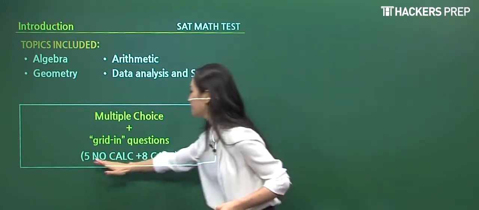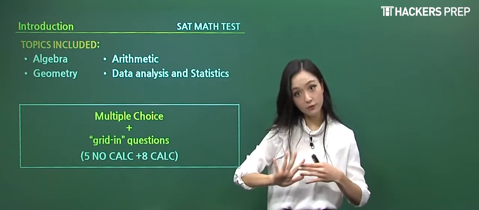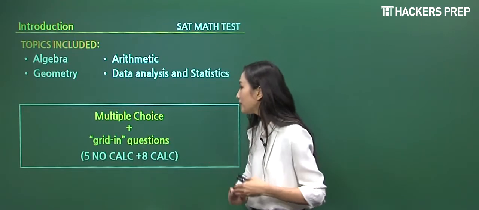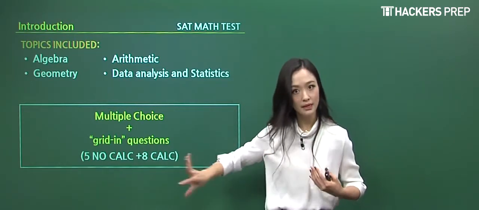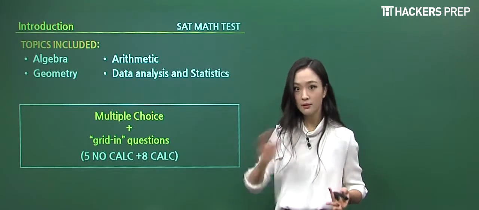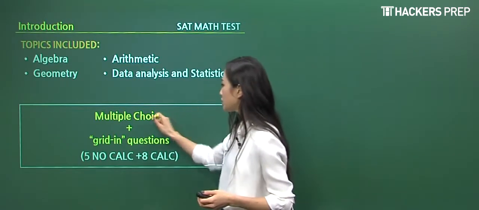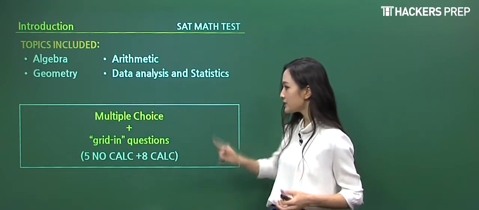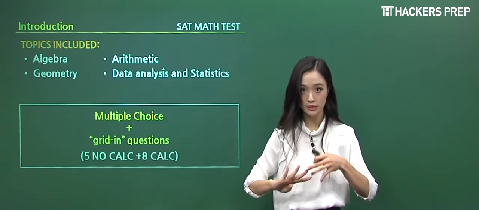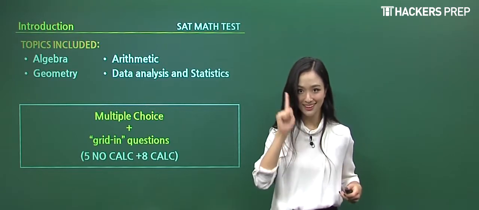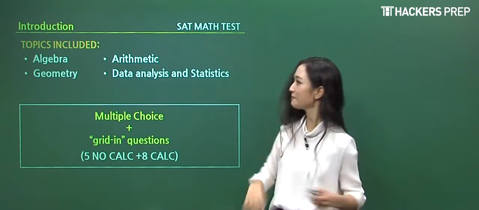For the no calculator part, there are going to be 5 grid-in questions, and for the calculator part, there are going to be a total of 8 grid-in questions, the remaining part being all multiple choice. Using the given information, you just select one answer based on the 4 options they provide from A through D. There's only going to be one and only one answer, okay?